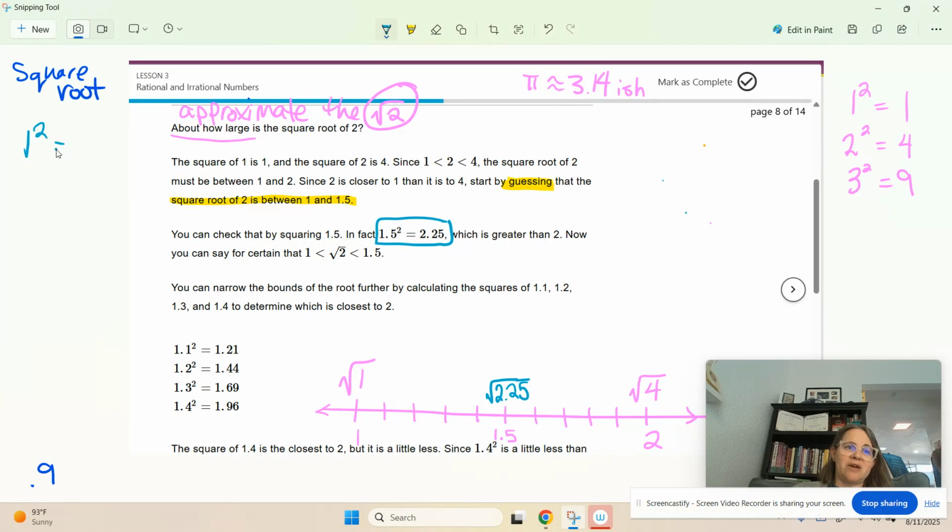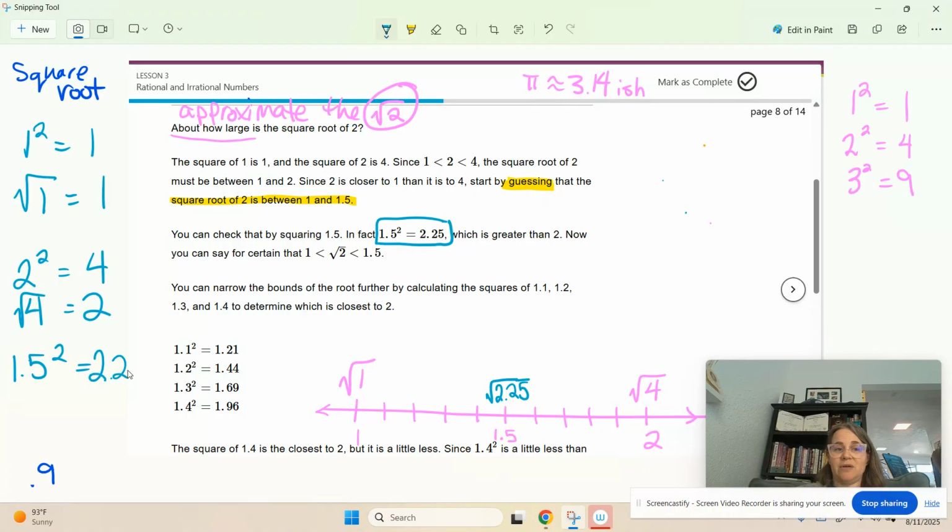Okay, 1 squared was 1, so square root of 1 was 1. 2 squared was 4, so square root of 4 was 2. Okay, 1.5 squared was 2.25, so the square root of 2.25 is going to have to be 1.5.